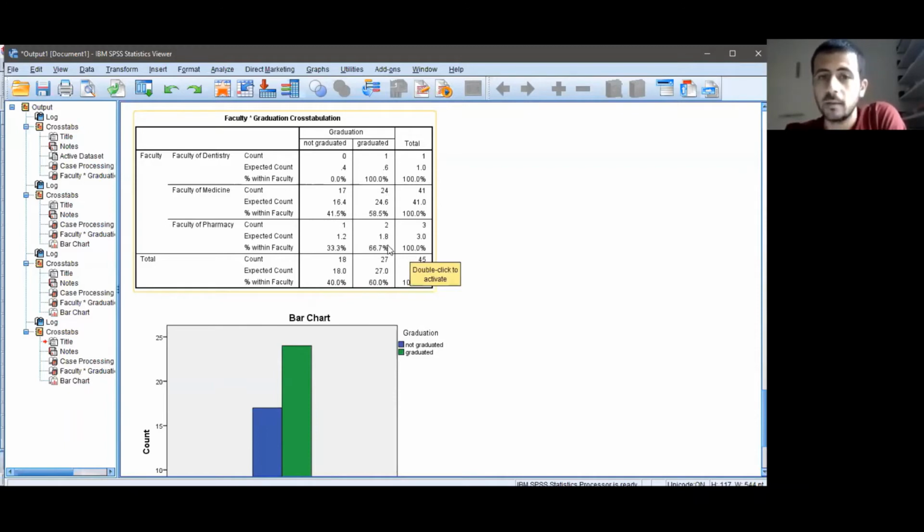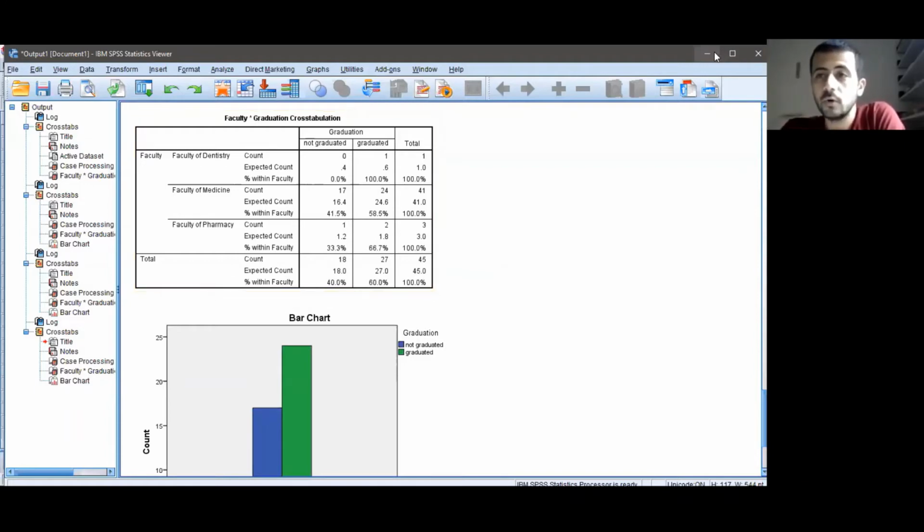Why? Because comparing this 2 with this 1 is not applicable, because I have 3 participants in here and 1 participant in here. Although the 2 is higher than the 1, the percentage in here is lower than the percentage in here. Do you agree? We need the percentages to look at the numbers more precisely.